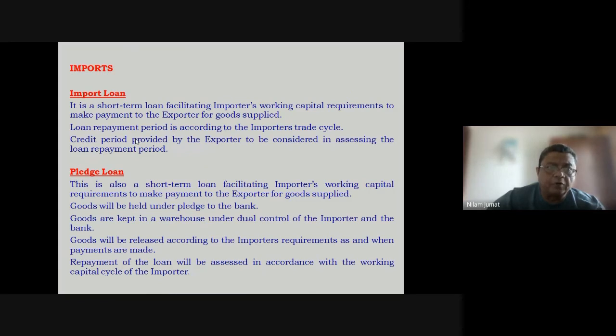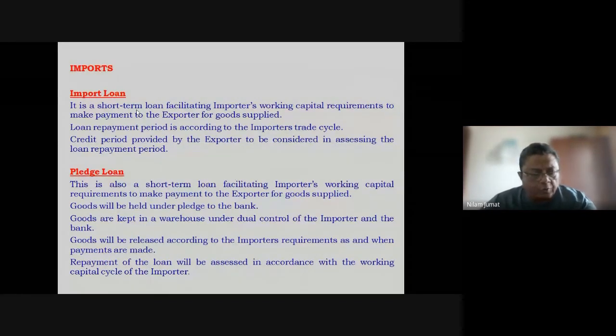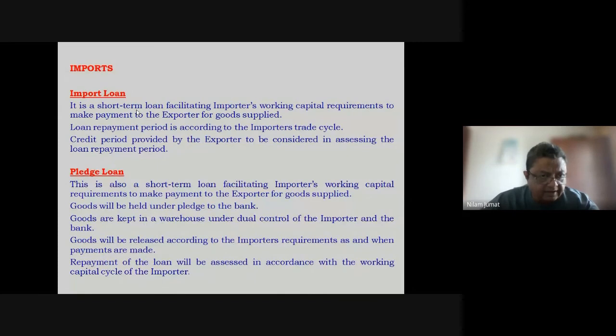Then you get import loans. These you get related to imports. You open an LC. The customer says, look here, I want to open an LC to import, say, some building materials, for example.